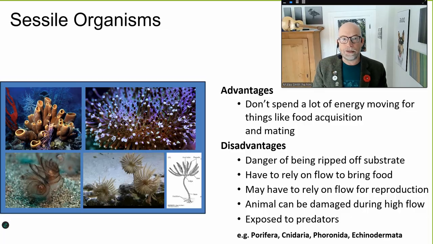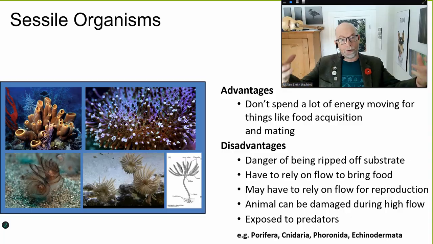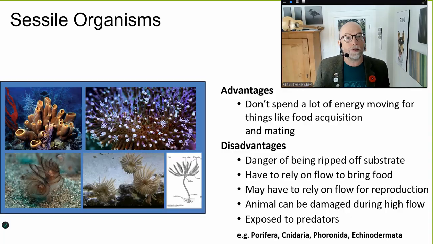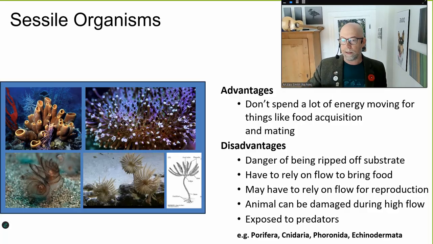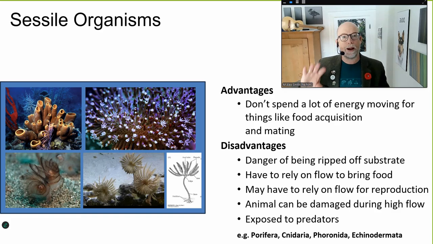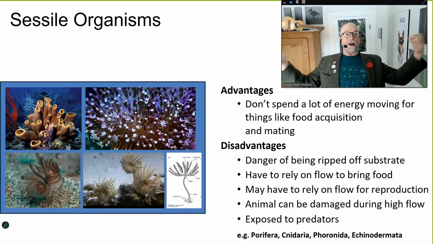Disadvantages: it's really easy to be grazed or browsed, so you can be ripped off. You have to rely on your medium bringing you food, so flow becomes important. Thinking about the examples here, we've got sponges and corals and echinoderms, organisms that basically set themselves up to be passive receptors.